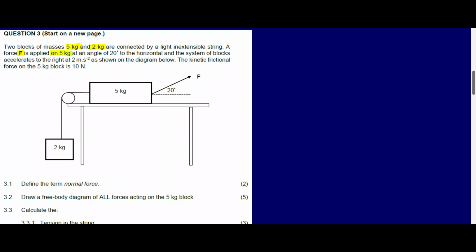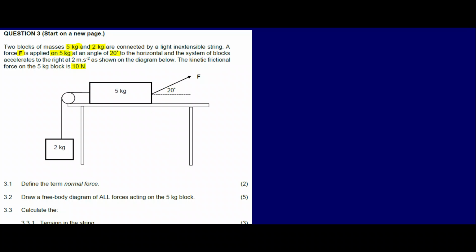A force F is applied on the 5 kg block at an angle of 20 degrees to the horizontal, and the system of blocks accelerates to the right at 2 meters per second squared, as shown in the diagram. The kinetic frictional force on the 5 kg block is 10 newtons this time around.